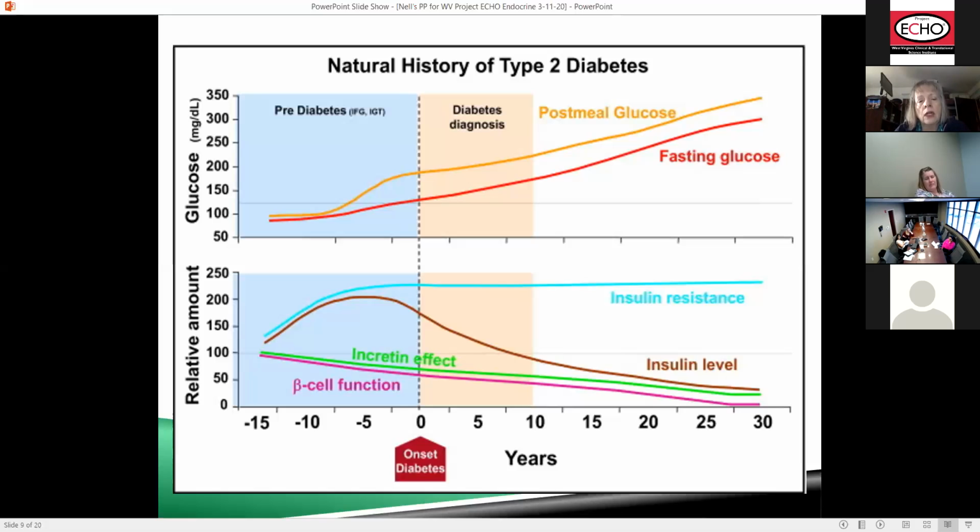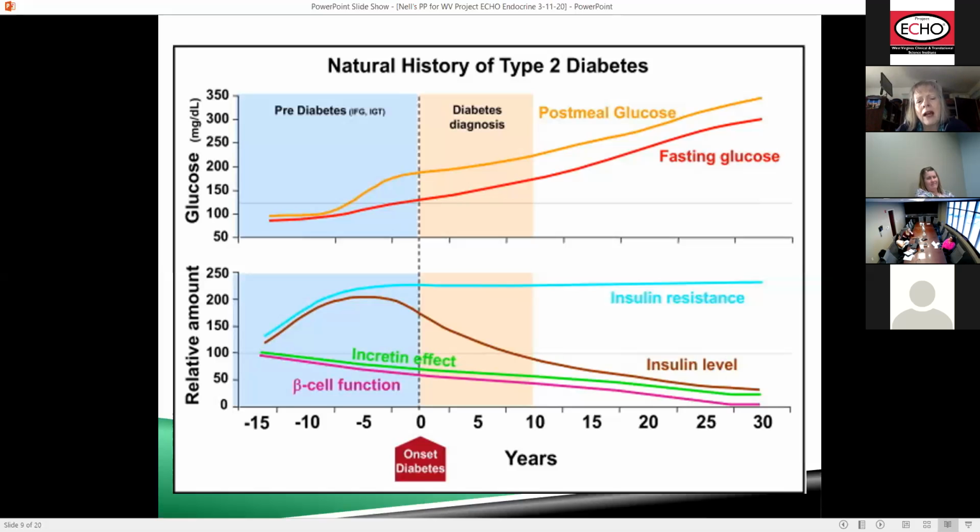Those two things are going on, and they're just going down the entire time. They never recover. So putting this all together, 10 to 15 years before diagnosis of diabetes, there's a lot going on with insulin resistance, and the beta cells that are still functioning are just producing tons of insulin to try to cover that.